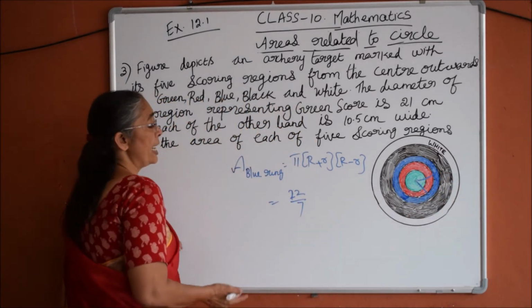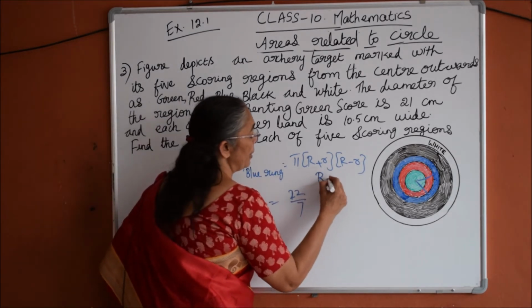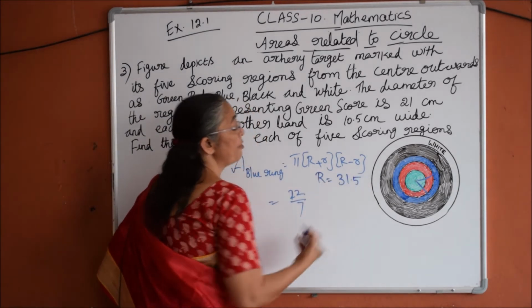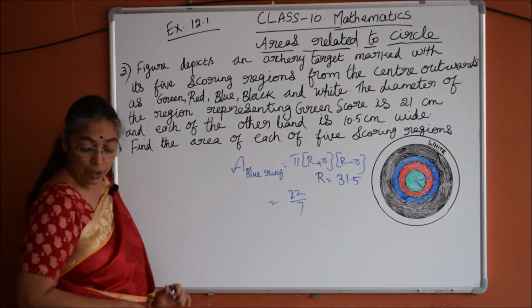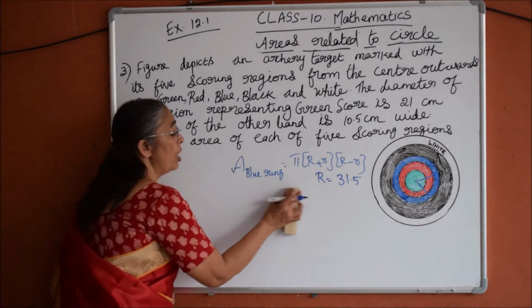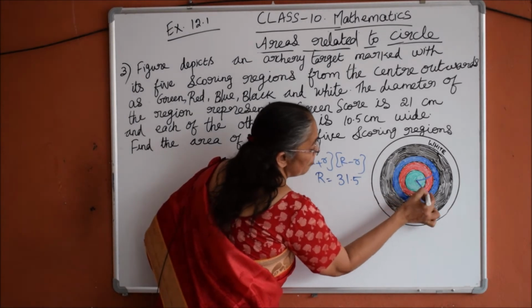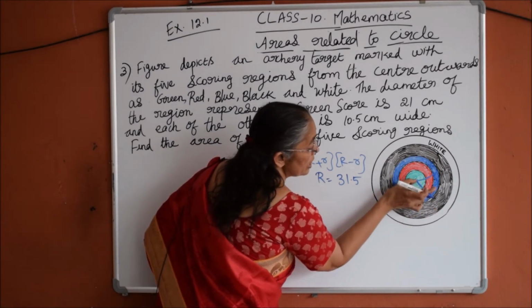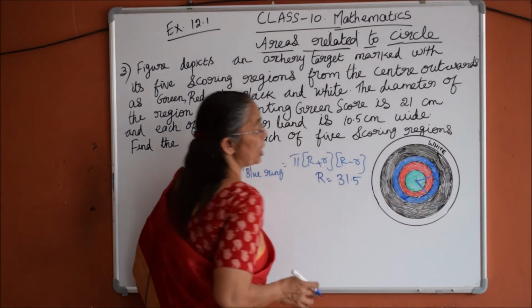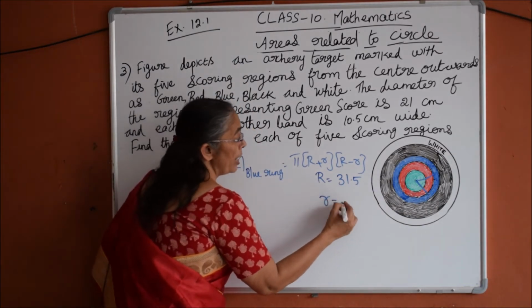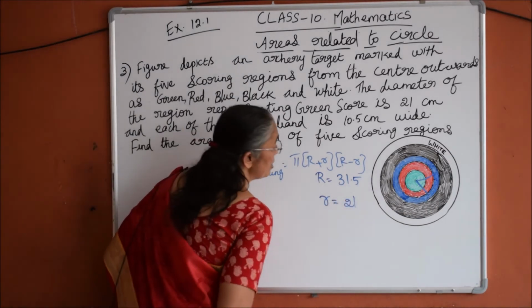So, 3 times 10.5 gives capital R as 31.5. Small radius is this distance, 10.5 plus 10.5, 21 centimeters.